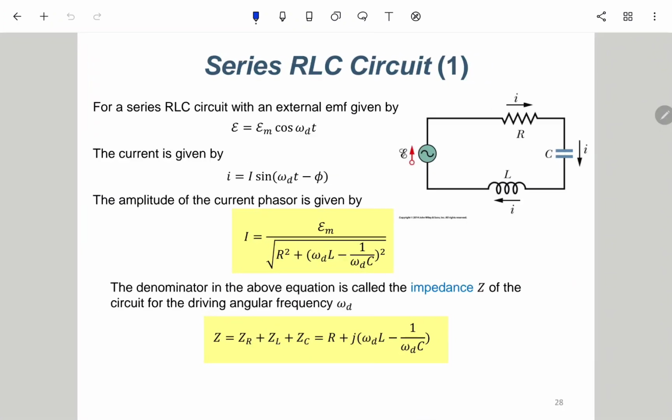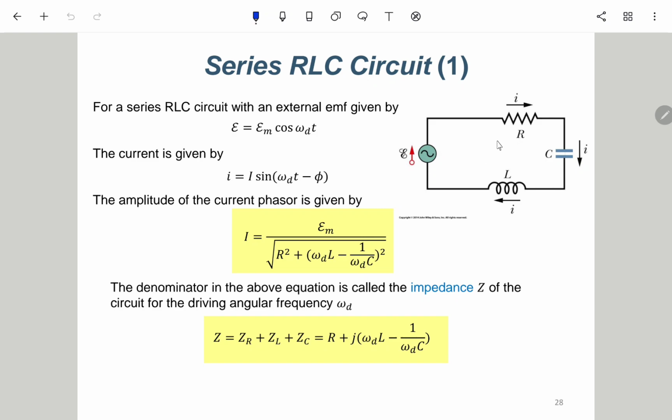Okay, so next we have a series RLC circuit. Okay, so this is different from the previous damped oscillation. For this damped oscillation, we don't have source. We only have R, C, L, and then closing this loop, and then we only have initial energy stored in the RLC circuit.